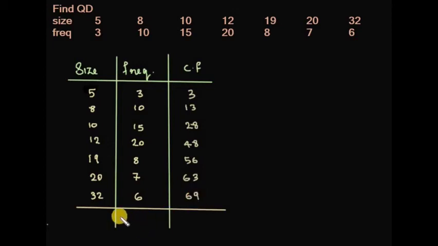And we have to find out capital N, the sum of frequencies. So adding this, the answer is 69. Next Q1. Q1 equal to size of N plus 1 by 4th item.